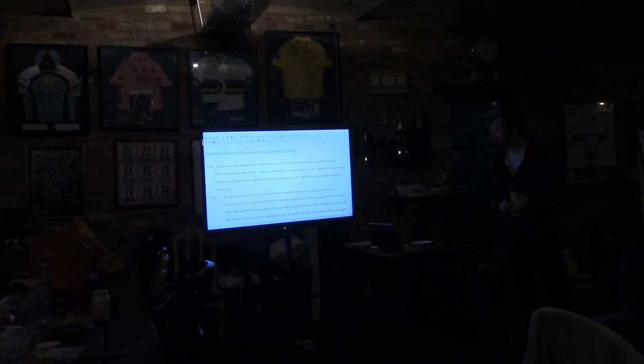So CPR 31 is disclosure, and you'll find the stuff there. Now, obviously if they haven't got it, they can't give it to you. But then they need to give a good reason, if it was with them, as to why it's no longer with them. So this details different parts of disclosure, and I think it's 6.